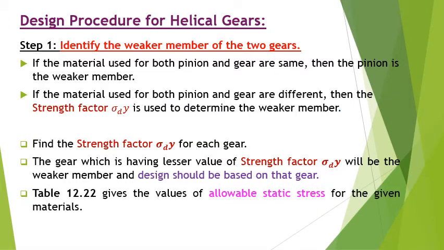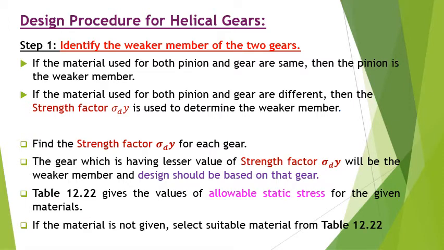So in the design of helical gears, table number 12.22 gives the values of the allowable static stress which we can use for the given set of materials. So suppose if the material is not given, then we can assume a suitable material from the table number 12.22.